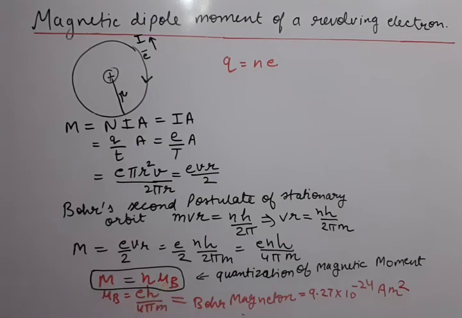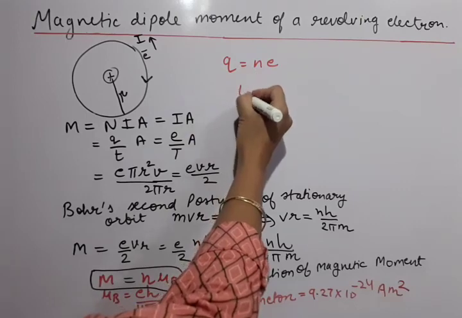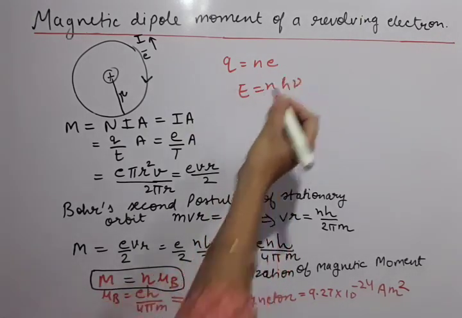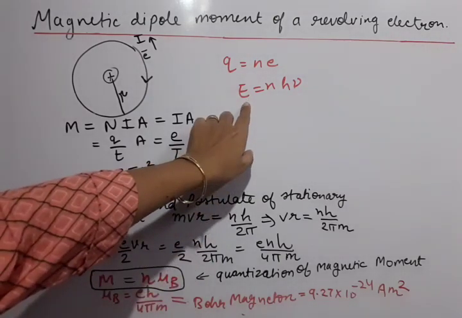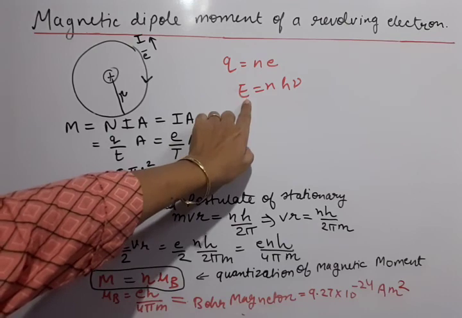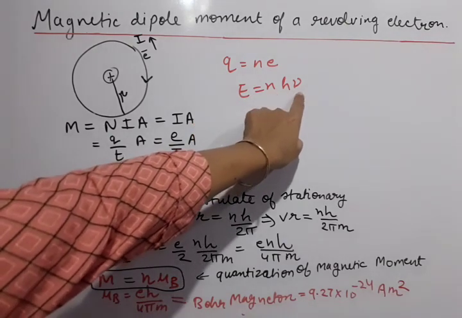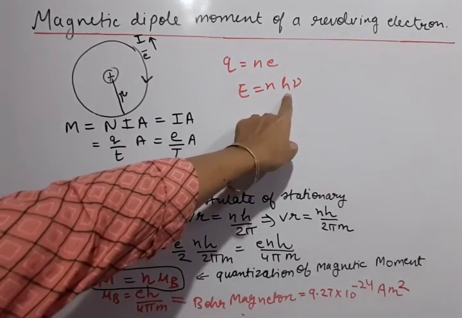We can take one more example of quantization. E equal to nh nu. This is the energy of a photon. We are going to discuss it in unit 5. Energy can be only an integral multiple of h nu. h nu is the energy of one photon, a part of light.